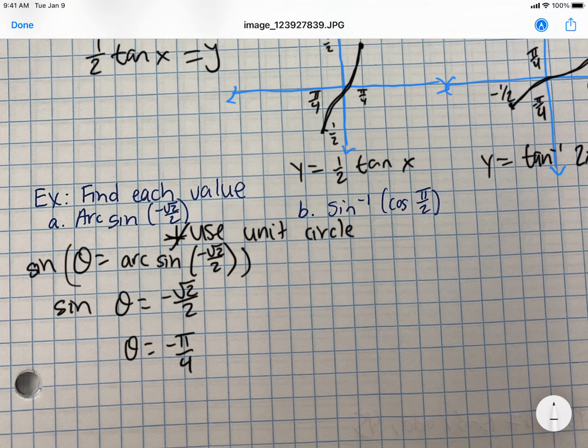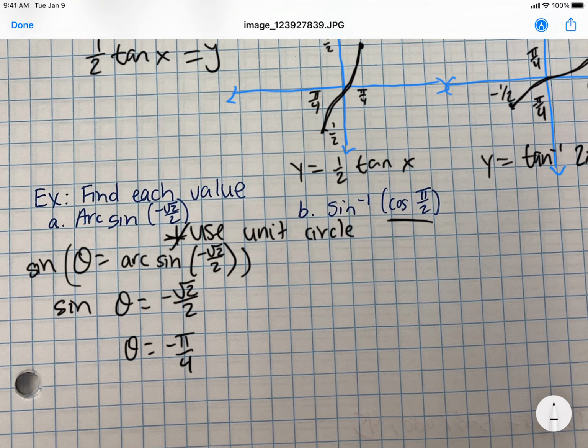Okay, let's go on to the next one. First thing I'm going to do is look in my unit circle at cosine of pi over 2. You go to pi over 2 and find the cosine, and the cosine at that location is going to be 0.